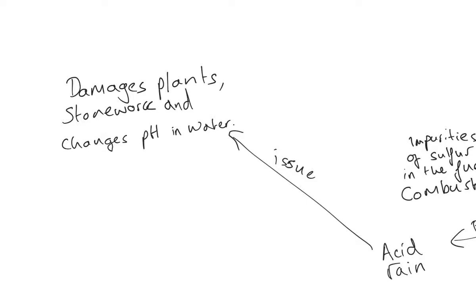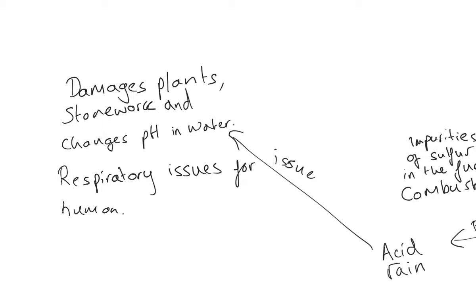Perhaps even more worryingly for us, maybe not more worryingly, maybe those are things that we should really be worried about. But another reason why we as humans should be worried is it causes respiratory issues for humans. Now, respiratory refers to your respiratory system.